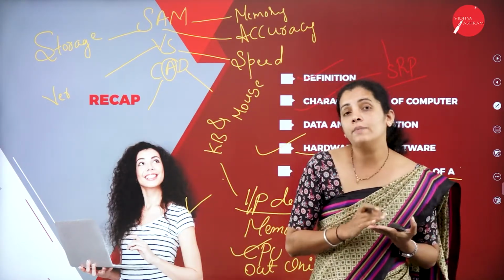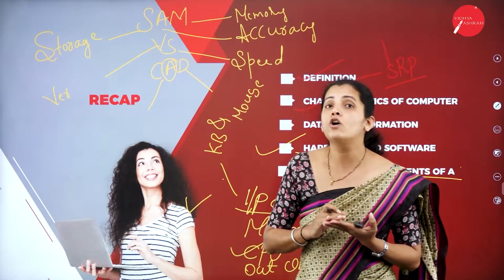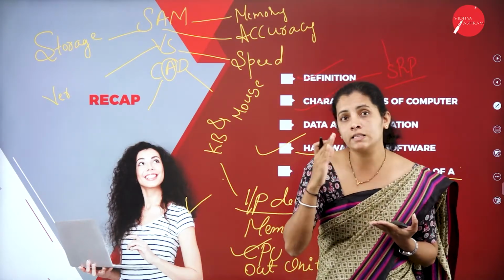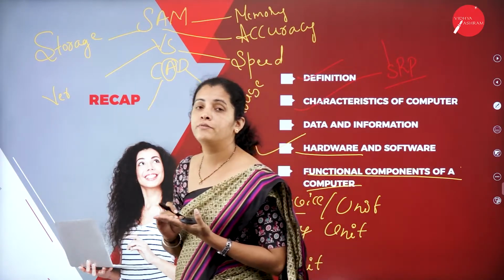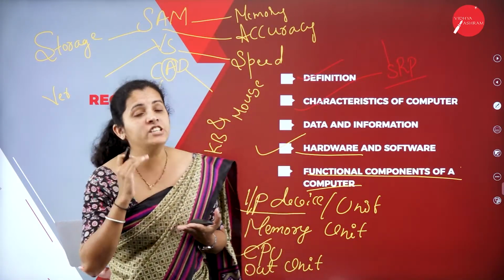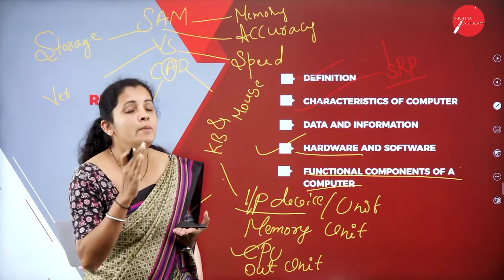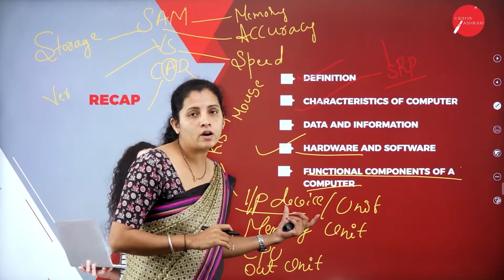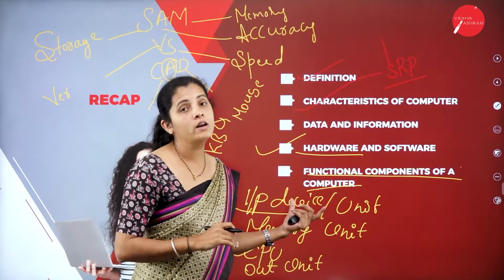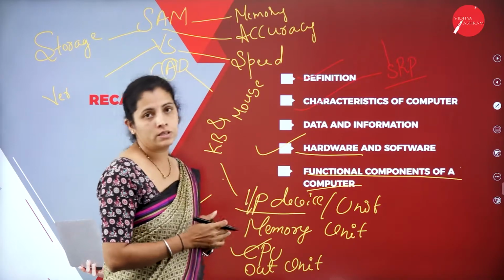At the same time, it is also responsible for performing complex calculations and major decisions. Because of these reasons, the CPU is called the heart of the computer system or the brain of the computer system.